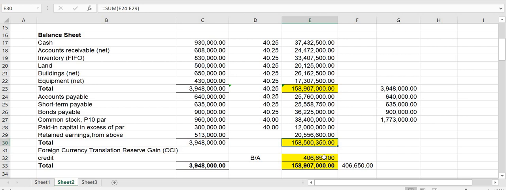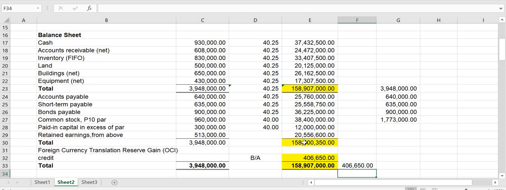Okay, so difference niya, that's actually 158,907,000 less 158,500,250. We do have 406,650. This is actually our cumulative translation adjustment credit, since i-add mo siya, diba? Or it's actually foreign currency translation reserve gain, OCI credit.